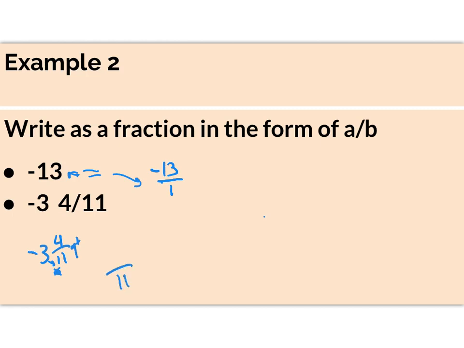So we're going to have 11, a negative out front. 3 times 11 is 33, plus 4 is 37. So -3 and 4/11ths equals -37/11. And this is how you turn integers or whole numbers or natural numbers into fractions and mixed numbers into improper fractions.